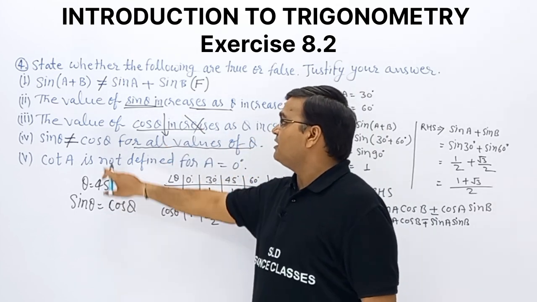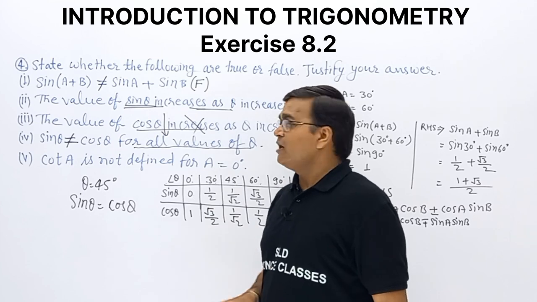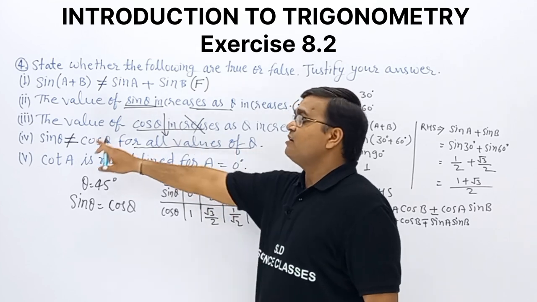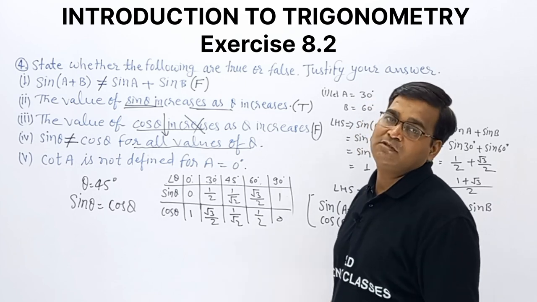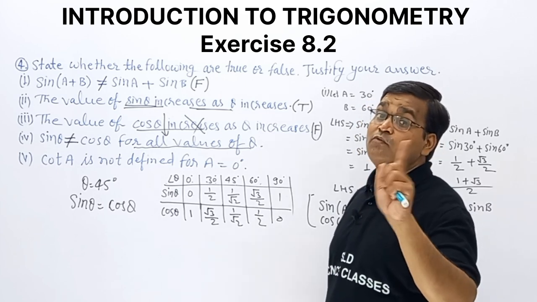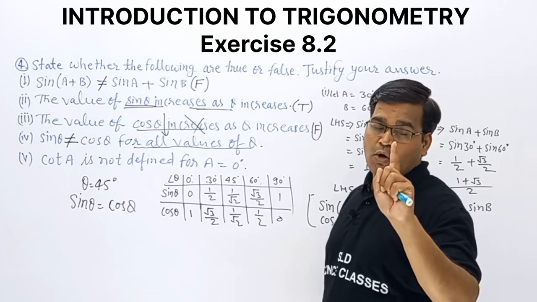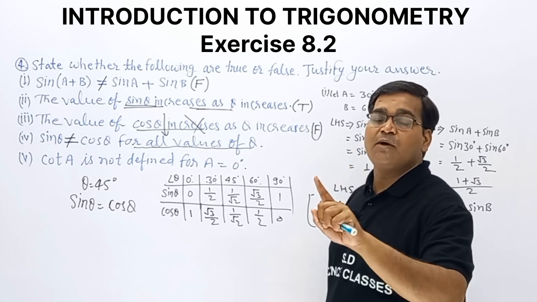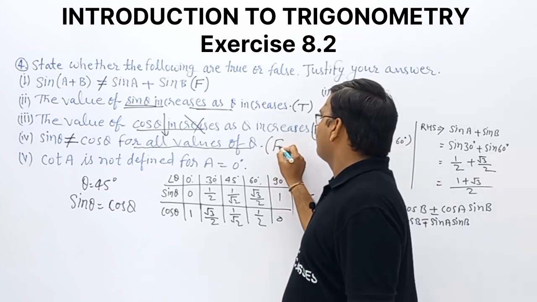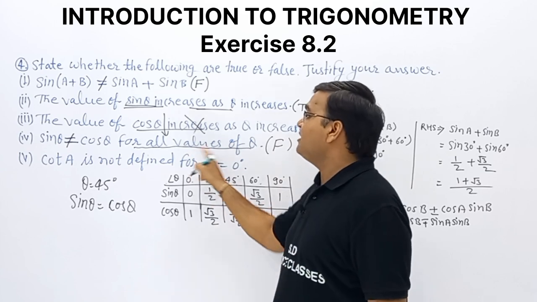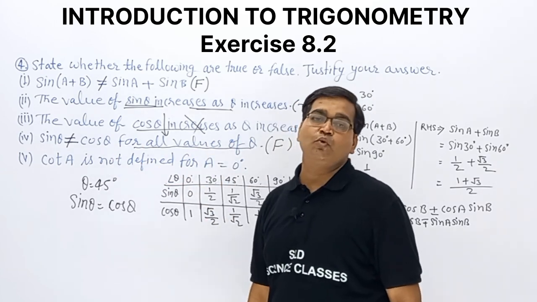But for all values of theta, sin theta is not equal to cos theta. So this given statement is true or false? Sin theta equal to cos theta for all values of theta is a wrong statement. So it is false.